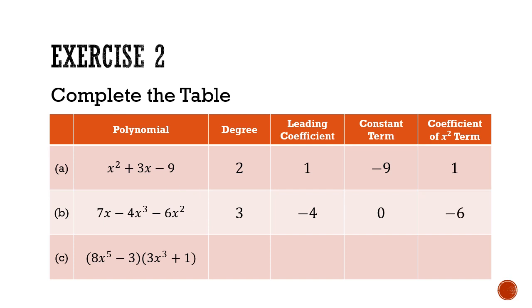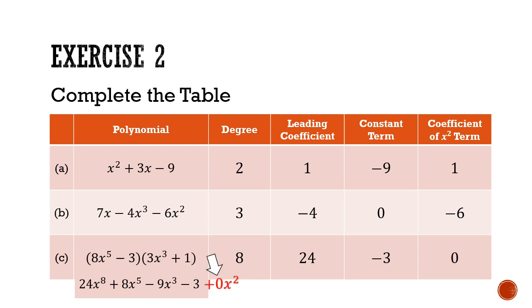For part C, we'll first need to expand this. Next, we can see that the degree is 8, the leading coefficient is 24, the constant term is negative 3, and the coefficient of the x squared term, well, there's no x squared term, so the coefficient is just 0.